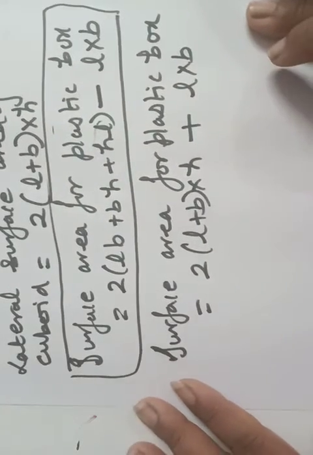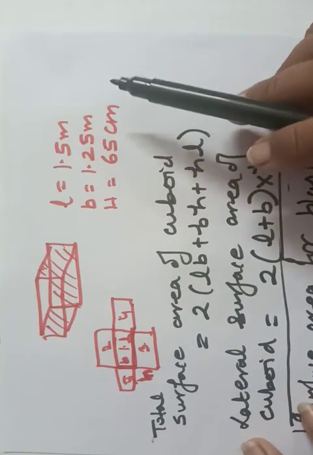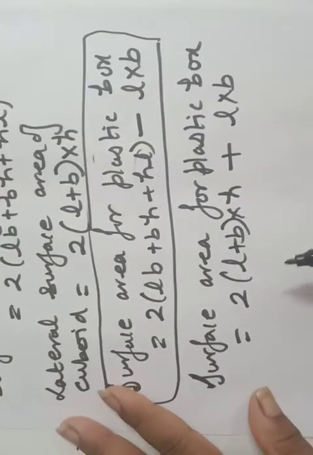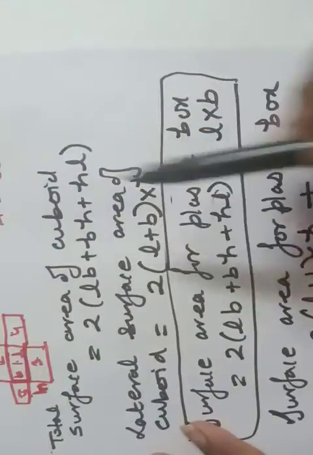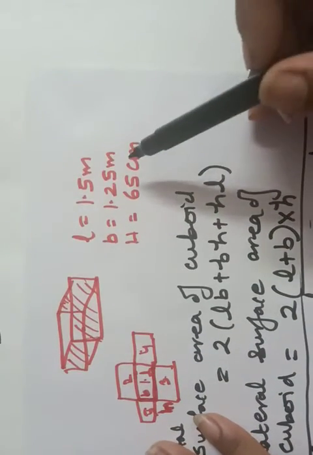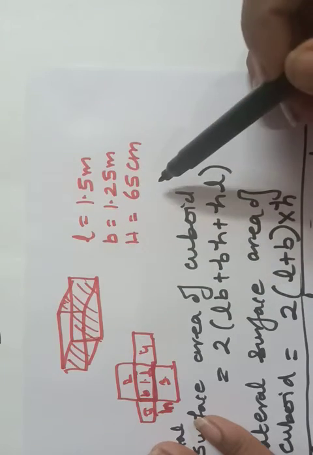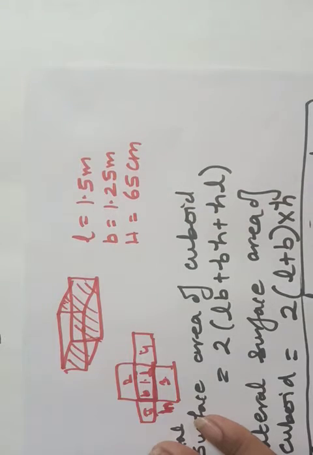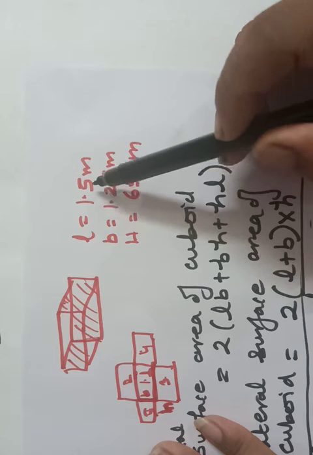Now these are the dimensions. We need to put the value of L here, the breadth here, and the height here. See the very first point also, it is very important. When we put the dimensions in the formula, we need to check the units.